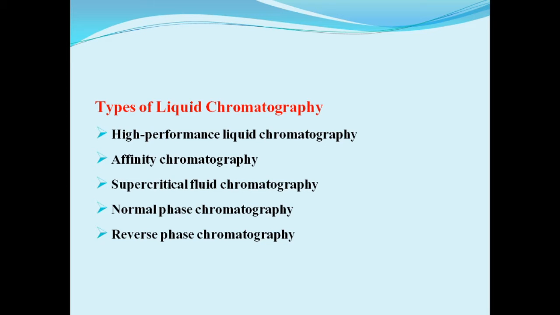And the opposite, for example, water methanol mixture as the mobile phase and C18 octadecylsilyl as the stationary phase, is called reverse phase liquid chromatography, RPLC. RPLC, that is reverse phase liquid chromatography, is used considerably more.